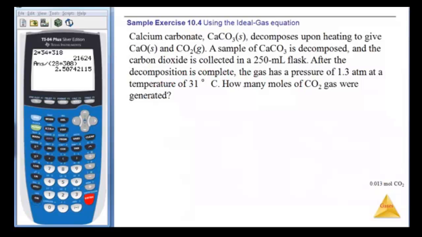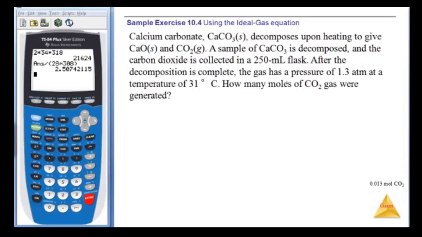Okay, so let's just pause here for once. Calcium carbonate decomposes upon heating to give calcium oxide and CO2. We have a sample of calcium carbonate. It is decomposed, and the carbon dioxide is collected in a flask.